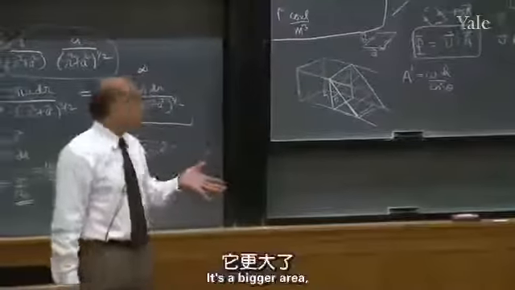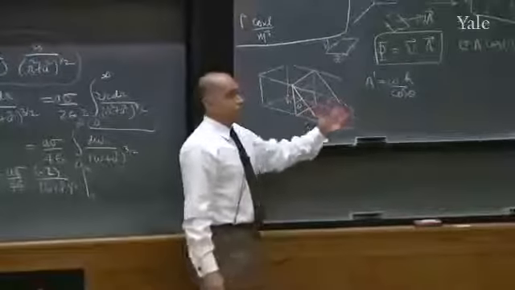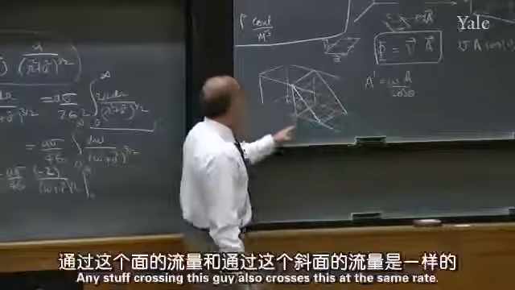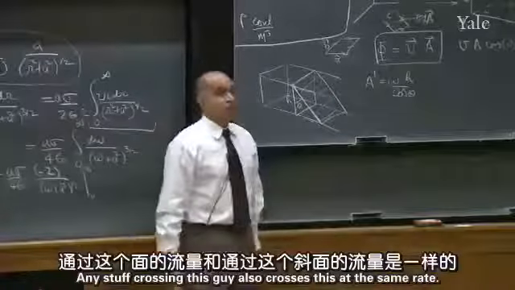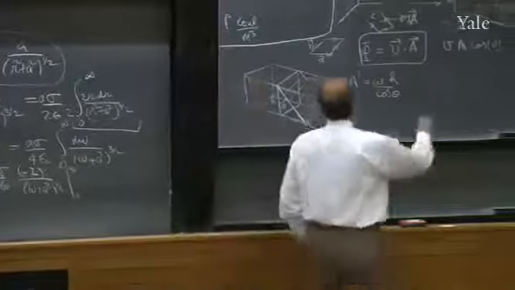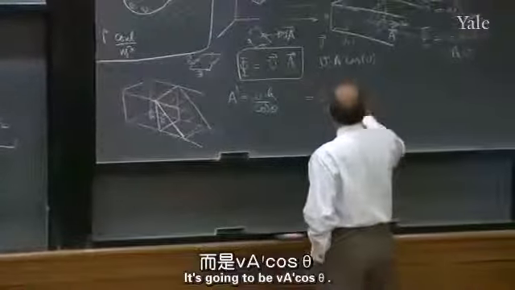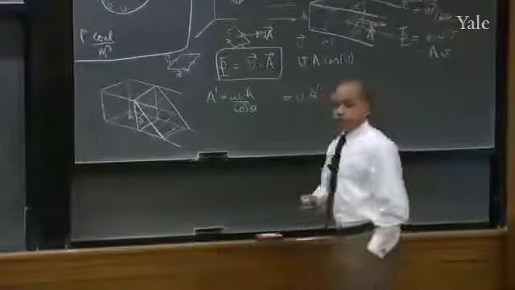It's a bigger area, but you all know that just because it's a bigger area doesn't mean it intercepts more fluid per second. Any stuff crossing this also crosses this at the same rate. So how am I going to get the same rate? The flux is not going to be v times A prime. It's going to be v times A prime times cosine theta.